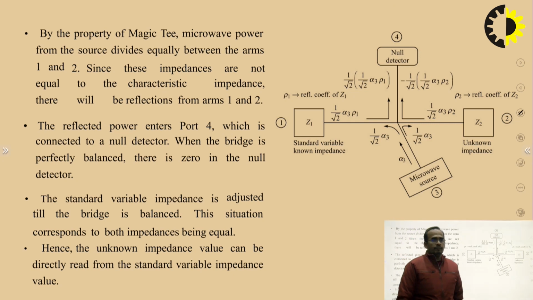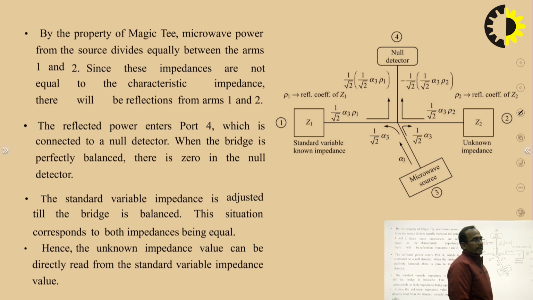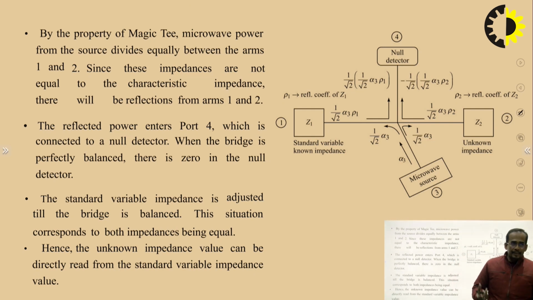By the property of the magic T, microwave power from the source is divided equally between arms 1 and 2. These impedances are not equal to the characteristic impedance, so there will be reflections from arms 1 and 2. The reflected power enters at port 4, which is connected to the null detector.